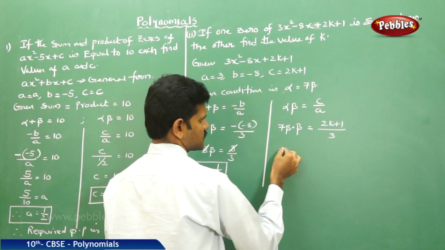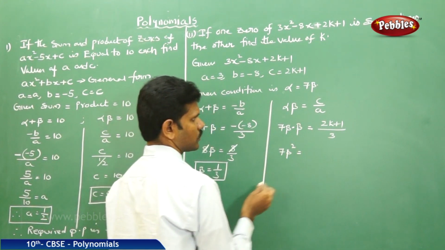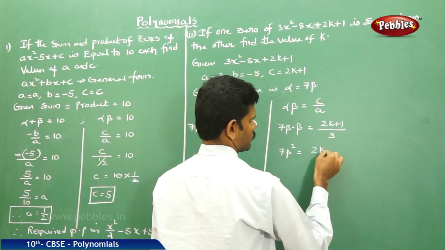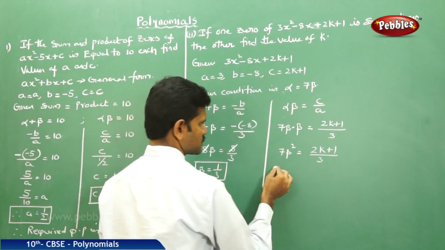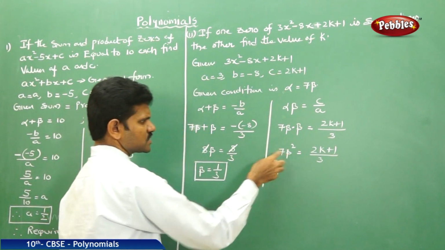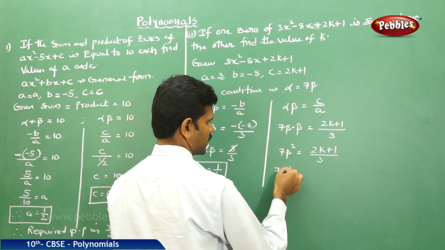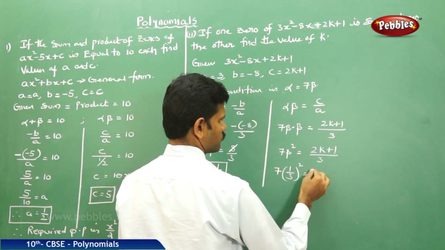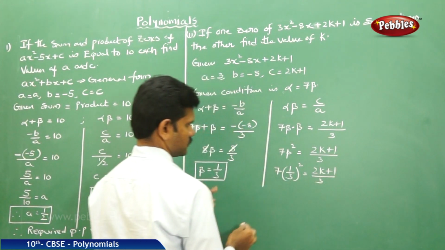That is 7 beta square is equal to 2k plus 1 by 3. Beta is nothing but 1 by 3, that is 7 into 1 by 3 whole square is equal to 2k plus 1 by 3.